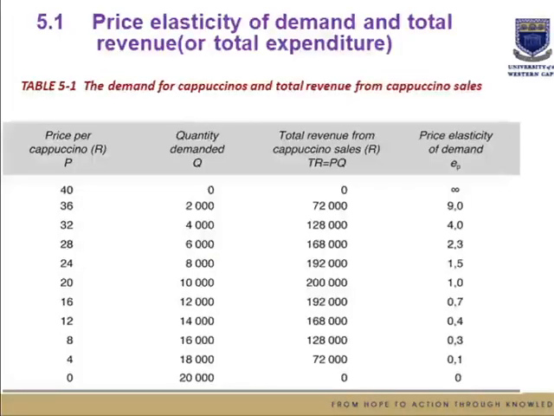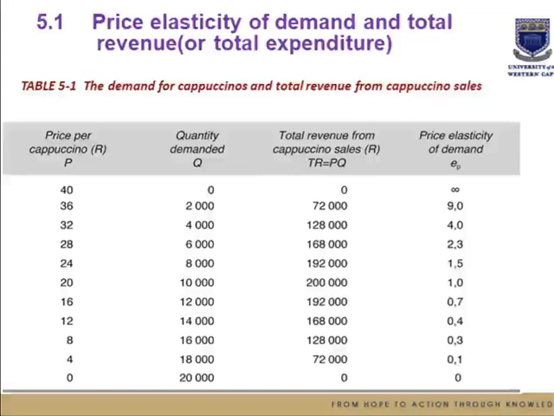Let us use a numeric example to show the three important relationships between a price change and total revenue from cappuccino sales. Table 5.1 illustrates the demand for cappuccino as well as the total revenue from cappuccino sales. The first column shows the price of cappuccinos, whilst the second, third, and fourth columns reflect the quantity demanded, total revenue, and price elasticity of demand, respectively, associated with each price level.